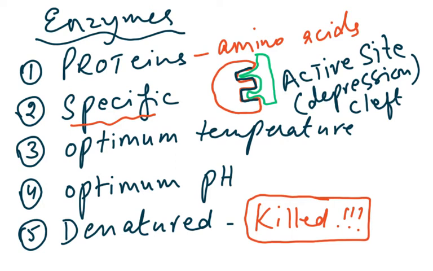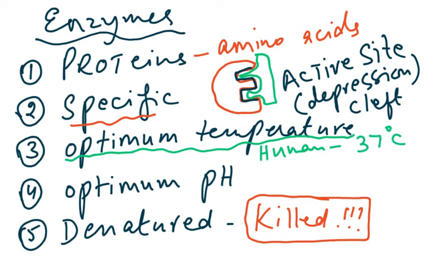Then we say all enzymes have their own optimum temperature. There are certain enzymes, like human enzymes, that would have an optimum temperature of 37 degrees Celsius. But a bacteria which survives in volcanoes would have a very high optimum temperature.